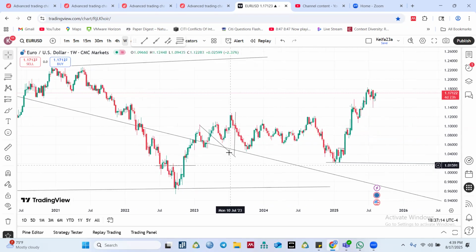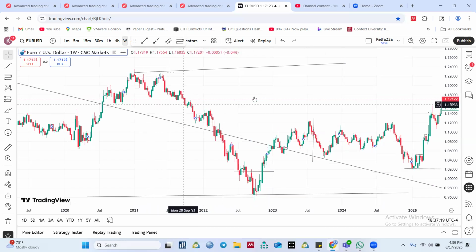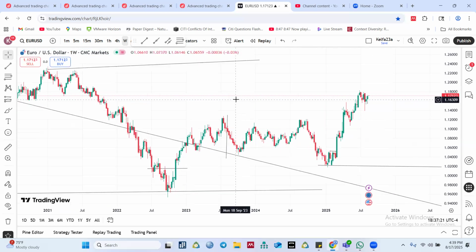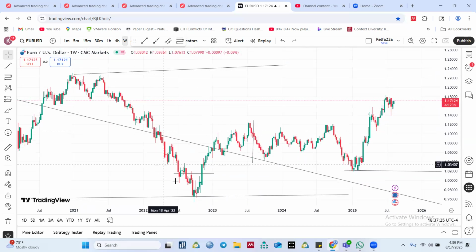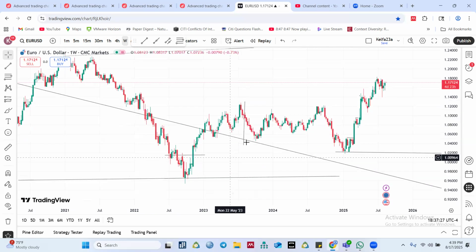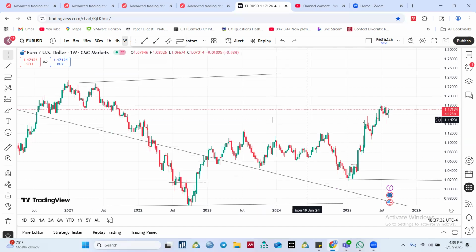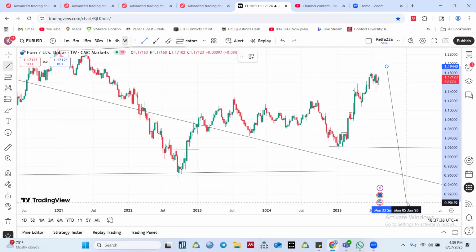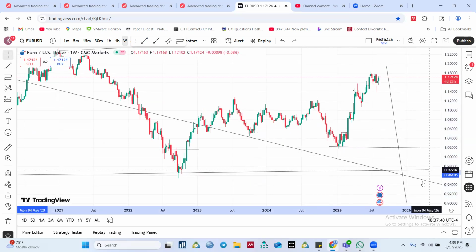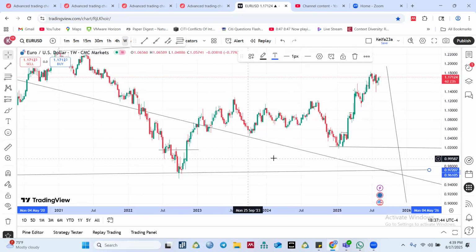Why did we change character? We are pulling back into this area, and we want to trade into this area. We broke structure to the downside here, and we are having a corrective pullback, so it's likely we can continue the downtrend and get a new low because this market is generally bearish.